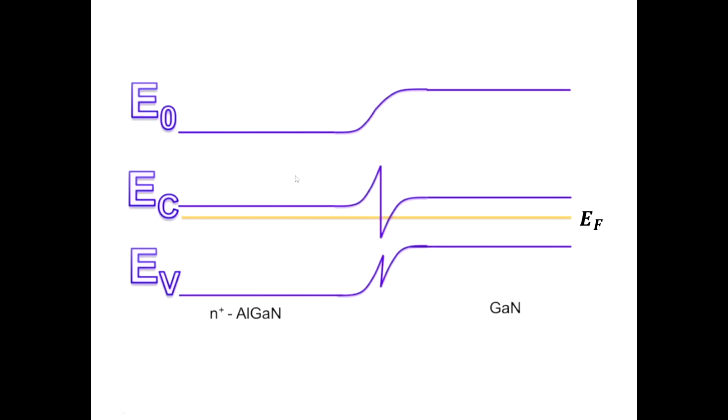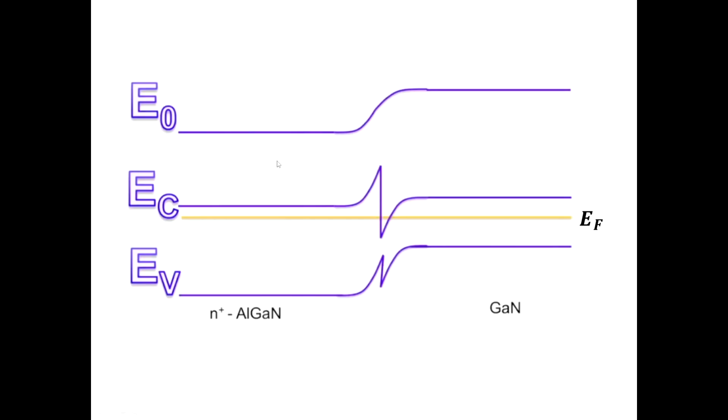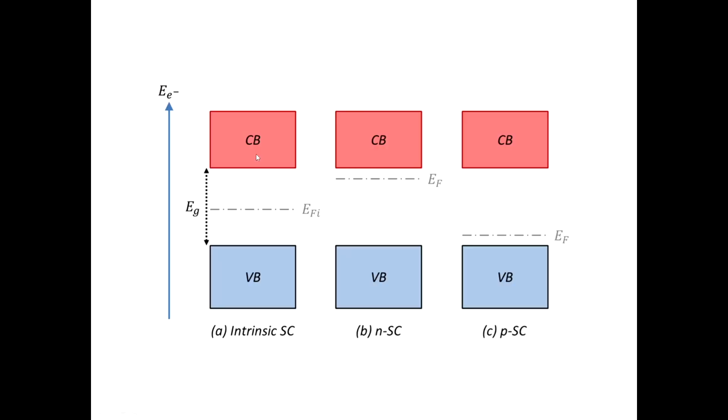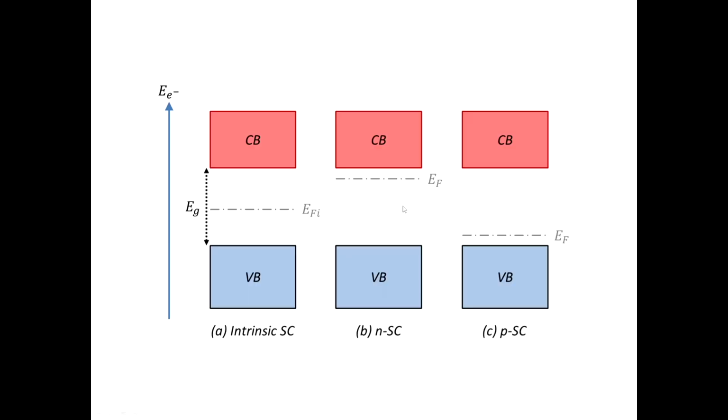Here we are seeing the band diagram. As we have already said, a stress is formed in this heterojunction as the lattice constants of these two materials are not the same. We have also seen that the Fermi level for an intrinsic semiconductor and for an n-type semiconductor is not the same.